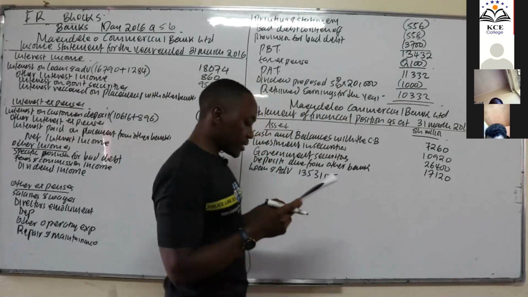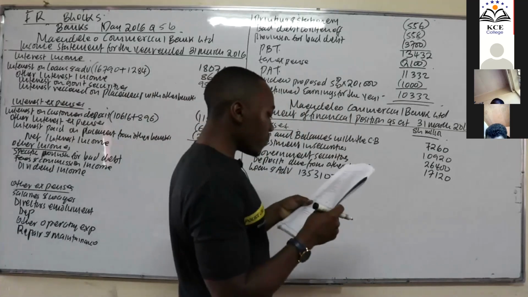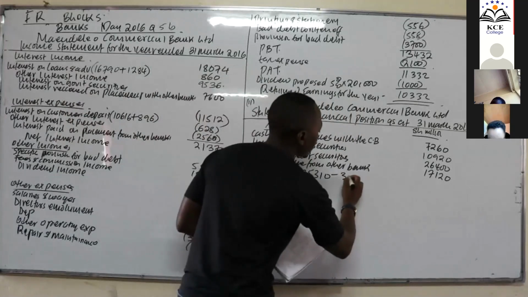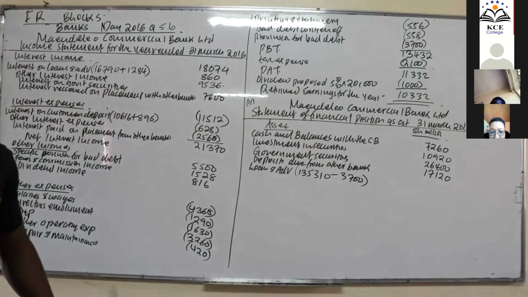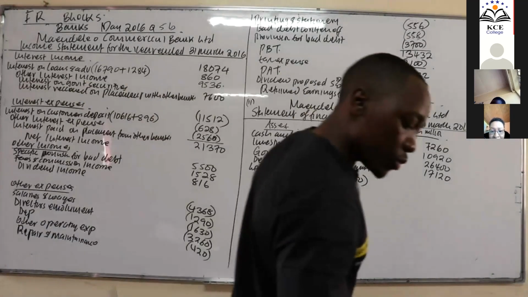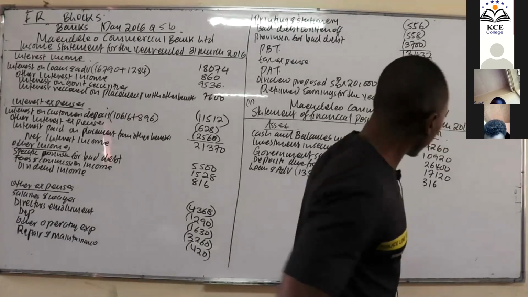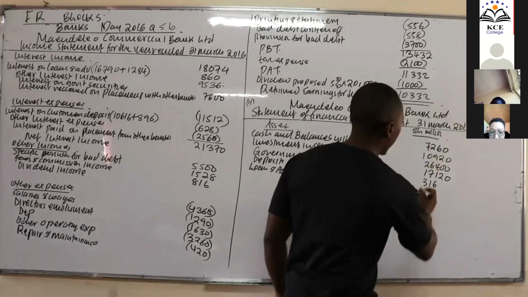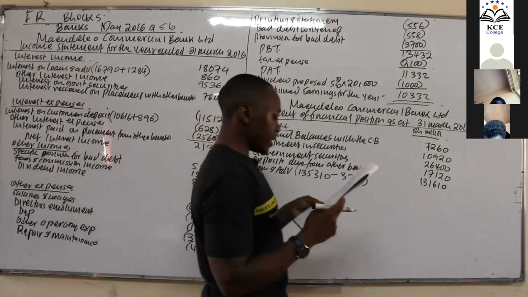The analysis revealed an additional provision of 3.7 for non-performing loans should be made. So you raise 3.7. What do you get? That 135,310 less 3,700 gives 131,610.